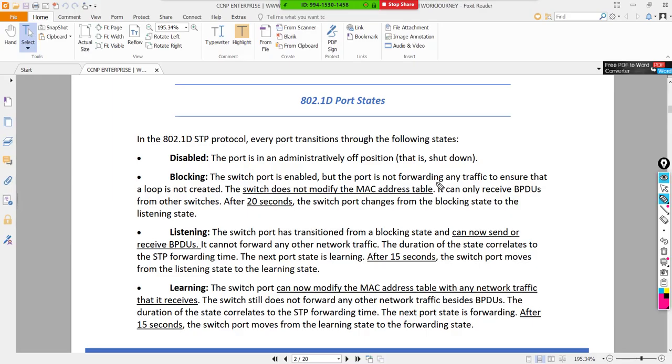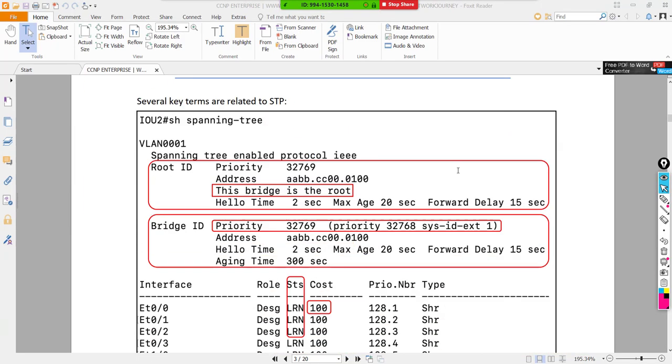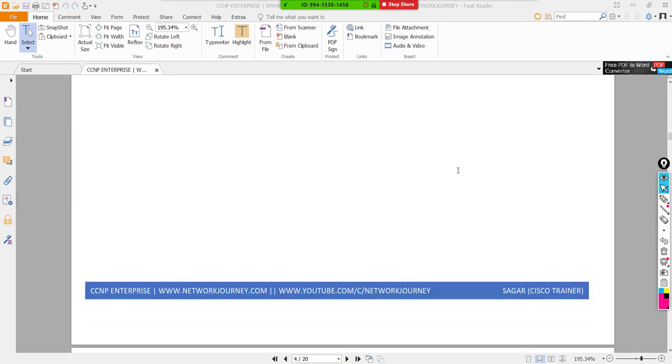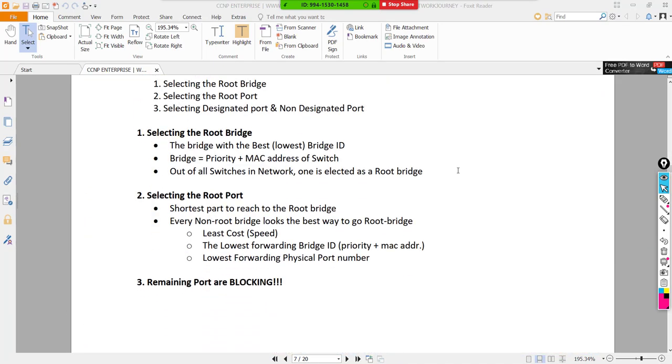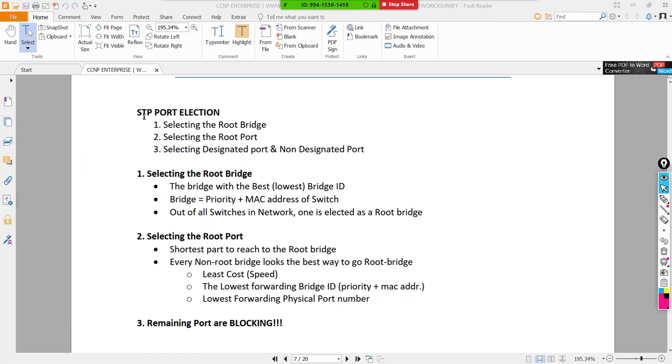So let me go back to this. Regarding whatever I discussed just now, the algorithms, that is mentioned here for you guys. So you guys can refer to this during interview. There are 3 steps happening in the STP. One is finding out the root bridge. The formula says bridge ID equals priority plus MAC address.